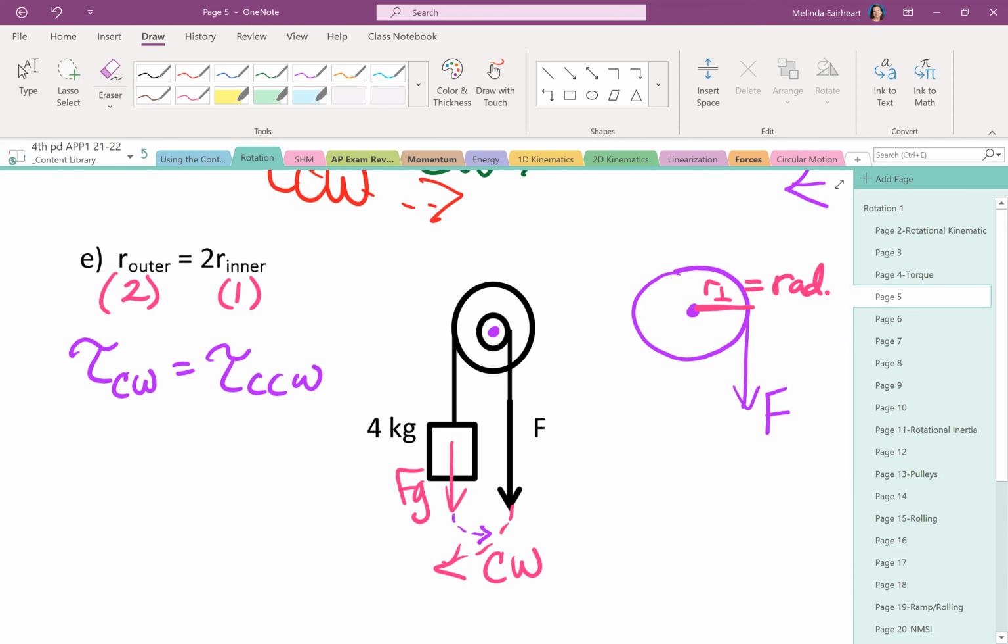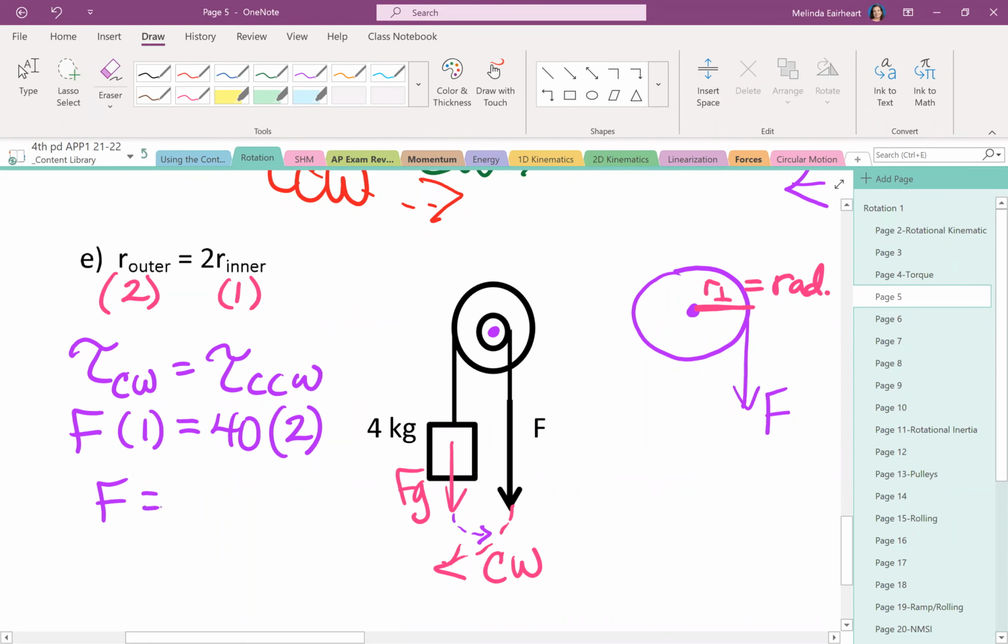Let's get them in the right place. The smaller radius to an unknown force is clockwise. And then the force of our 4 kilogram would be 4 times gravity, and it's got twice the radius. When your radii have a 2-to-1 ratio, your force has to have a 1-to-2 ratio, right? And so our final answer to either keep this at rest with no rotation or rotate at a constant angular velocity would be 80 newtons.